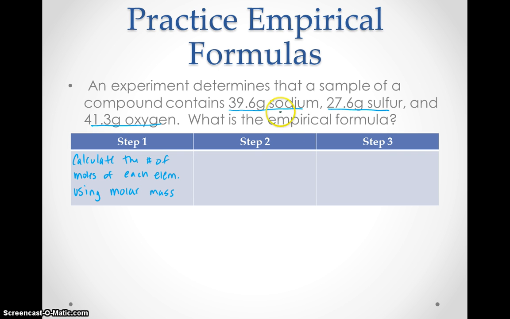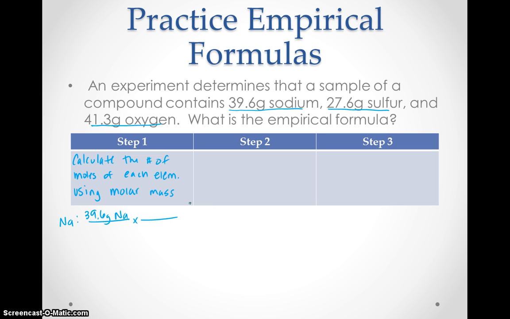What you're going to do is start with each element in the order it's given to you, and using your periodic table, calculate the number of moles present using the molar mass. My first element is sodium, and it tells me that I have 39.6 grams of sodium present in the compound. So I can use the molar mass to turn it into moles.